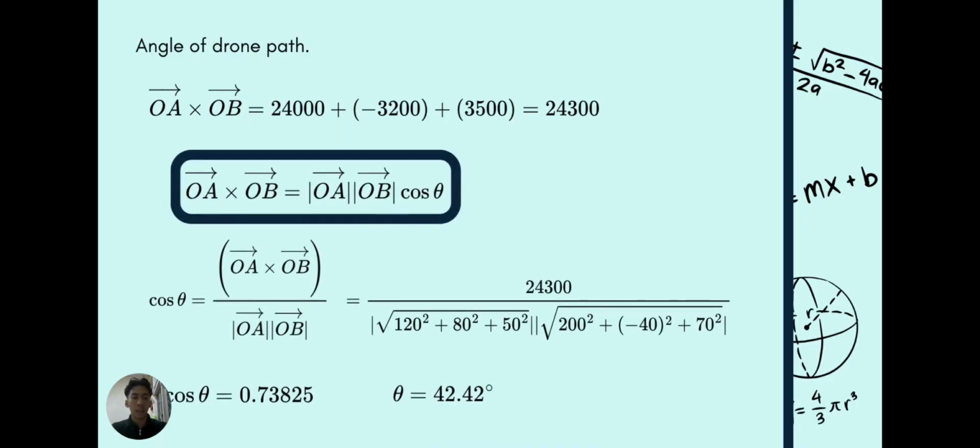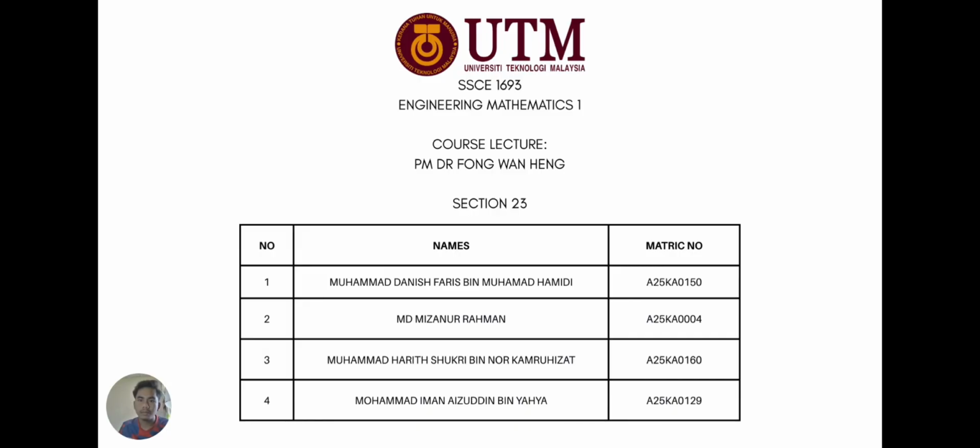And then in order to get the angle of the drone, we use the dot product again, and we divide by the magnitude of OA vector and OB vector. And then we will get theta equal to 42.42 degrees. That's all from me. Thank you.